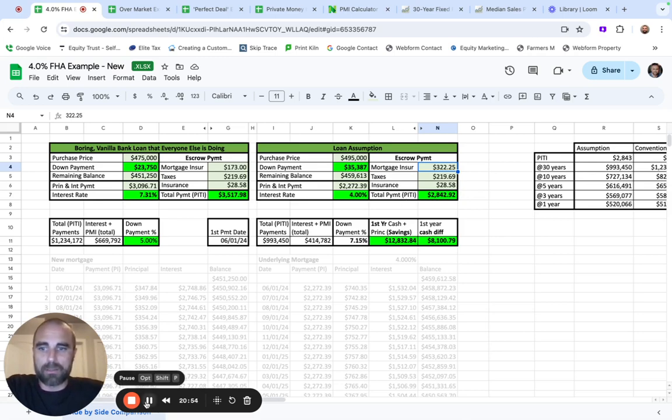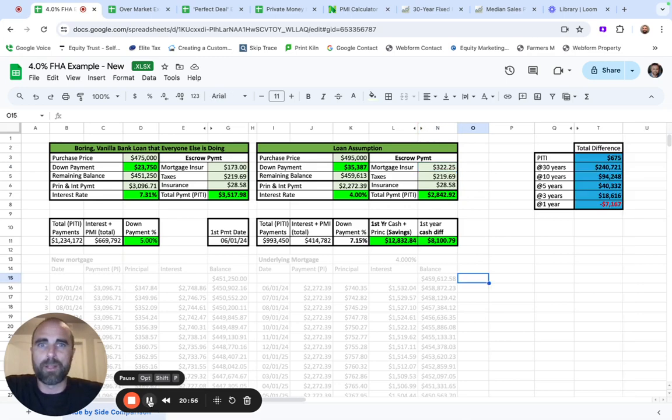So let's pause this one more time. The difference between these payments is $675 a month. What would you do if you had an extra $675 a month?